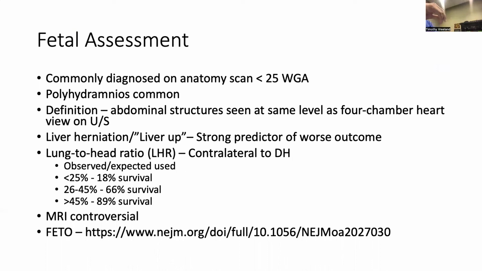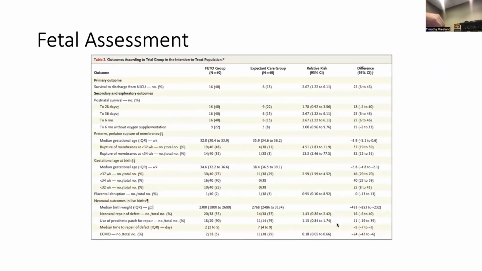That being said, the trial results: I'll highlight the 40 in each group, which is a pretty sizable trial for something that's 1 in 10,000. Survival to discharge was significantly greater in the fetal group, 40% versus 15%. You can see about 1/3 of the patients had preterm prelabor rupture of membranes.